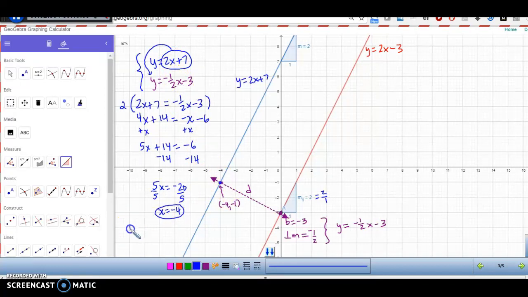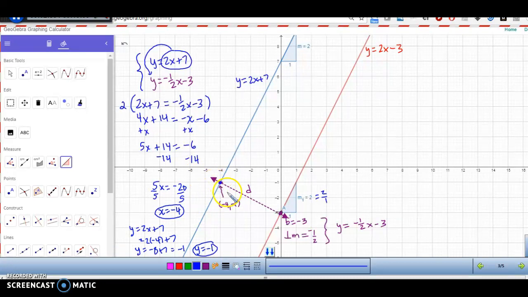So if I use that first equation, y equals 2x plus 7, and insert the value we found for x, 2 times -4 plus 7. Well, 2 times -4 is -8, and -8 plus 7 is equal to -1. So we get y equals -1.